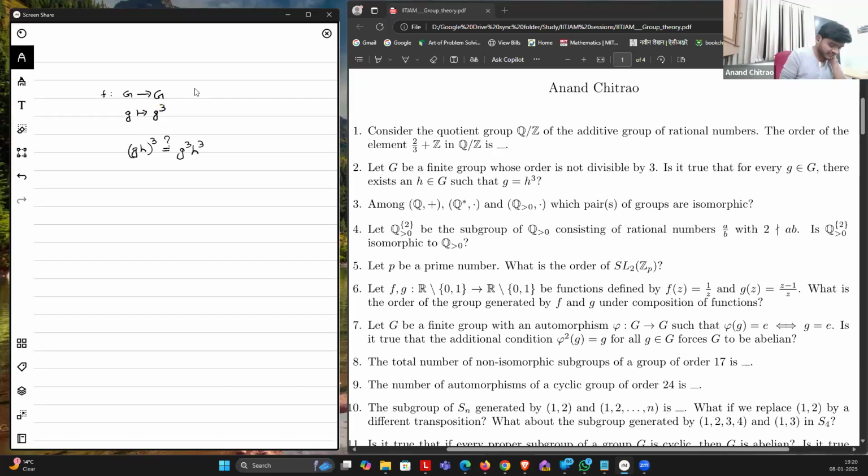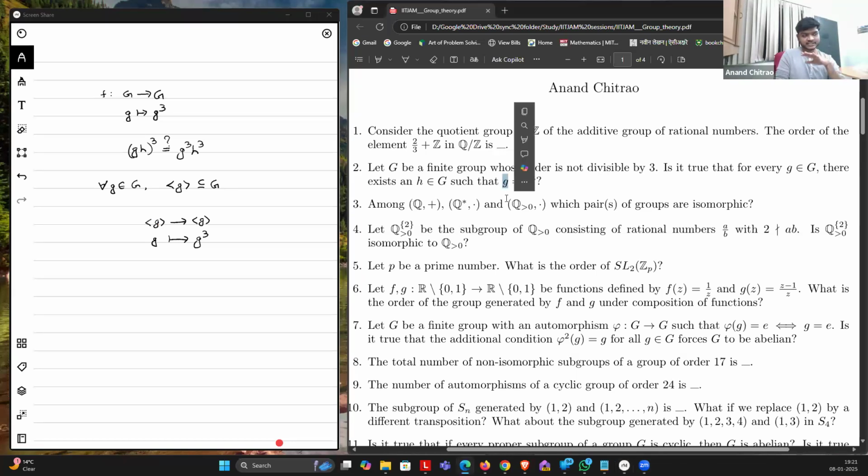So now, given any little g in capital G, you can look at the cyclic subgroup generated by little g inside capital G. Now look at the cube map from the cyclic subgroup generated by g to itself. Now the proof works. Therefore, to find this h, you only need to look at powers of g.